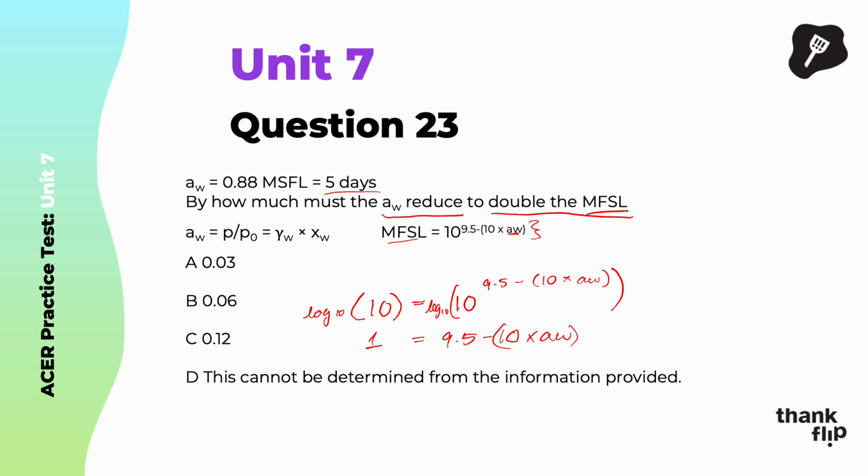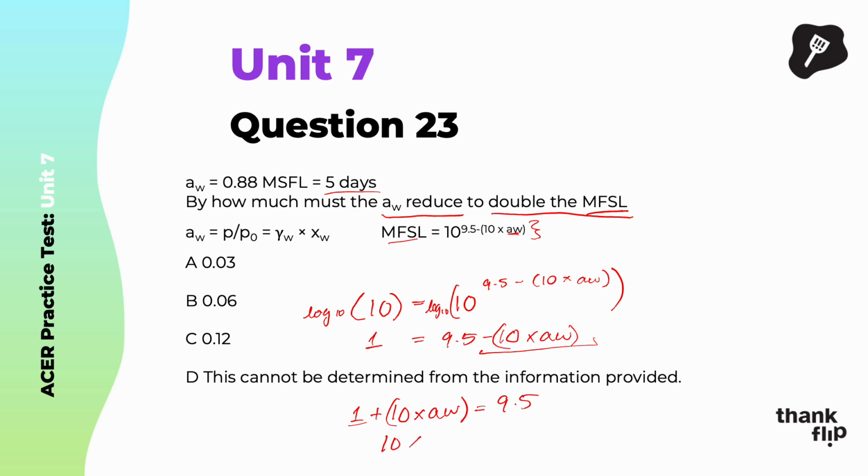All right, so just continuing underneath here, what I can do then is take this to the other side by adding it. 1 plus 10 times AW is equal to 9.5. And I'll take the 1 to the other side as well.